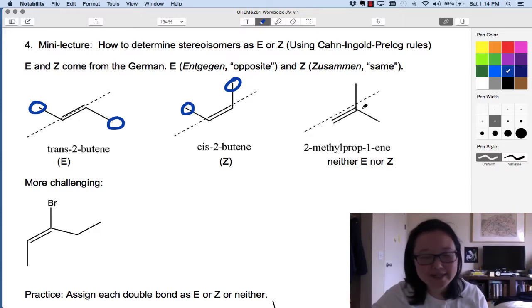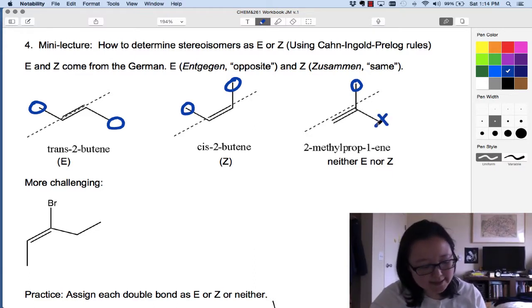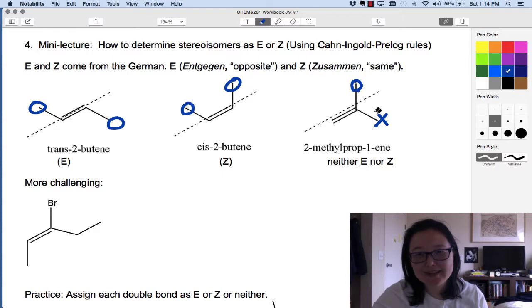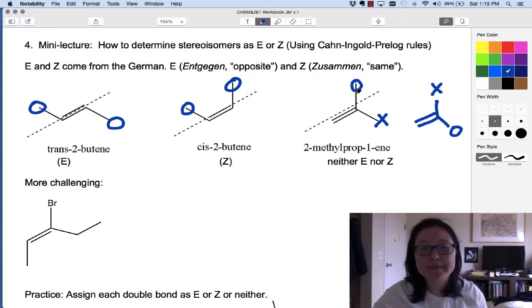Notice in this one that there are two groups on the same carbon, and if I switch these groups, it turns out it's actually the same molecule because of symmetry. Remember, this is flat. Let's say one of these groups was an O and the other was an X. If I switch those groups and they were stereoisomers, then this should be different from this. But you can see I could just flip that and it will be the same as this.